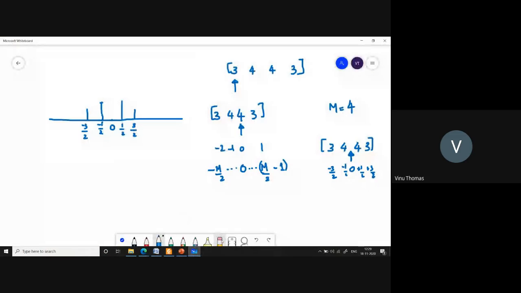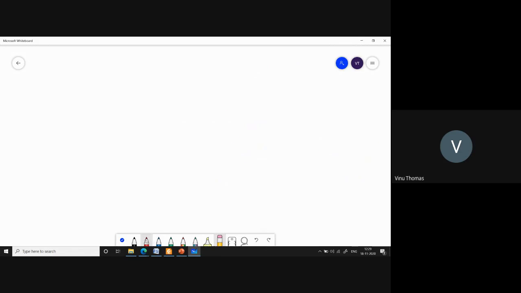So let us consider an example like this. The length of the anti-symmetric filter is considered to be odd here for our example. So let us look at 5 samples.